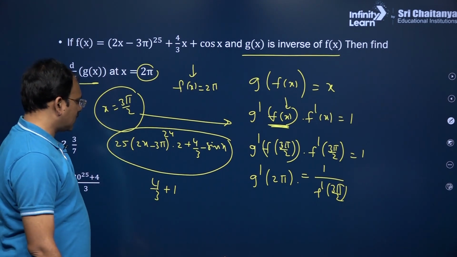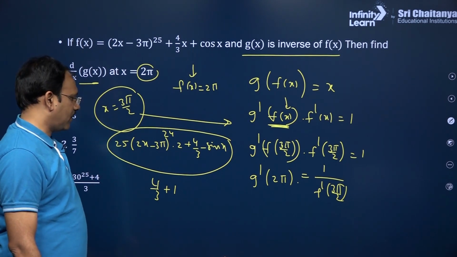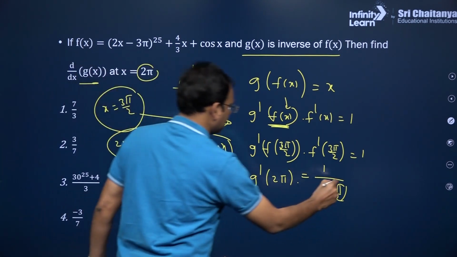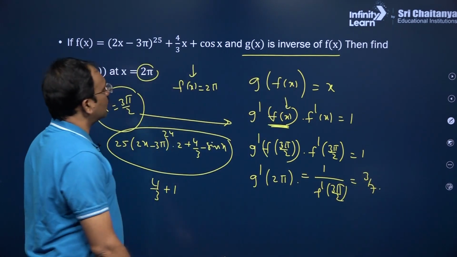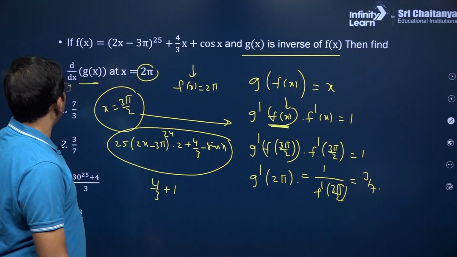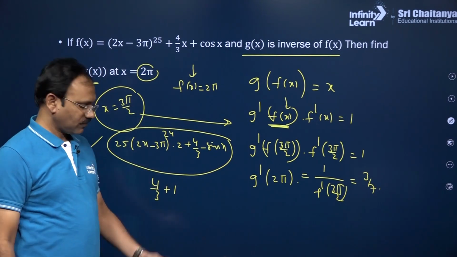So this becomes plus 1, which is 7 by 3, my dear friends, whose reciprocal is 3 by 7. Then you can substitute, he wants this value, which is going to be 3 by 7, that is all.